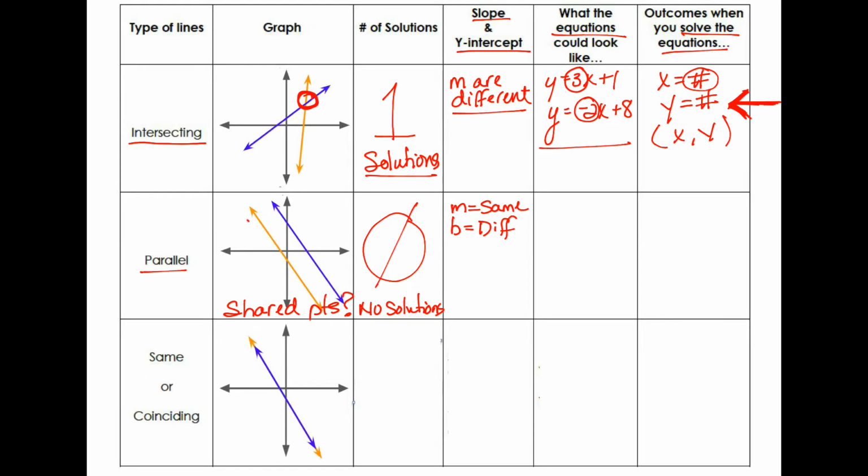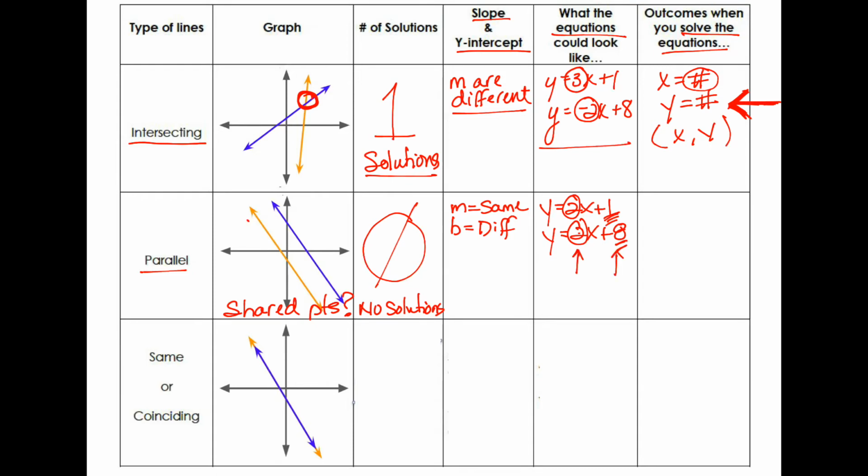So their equations are going to look like y equals 2x plus 1 or y equals 2x plus 8. Notice that we have the same slopes, but different y-intercepts. If the slopes are the same, these numbers could be anything as long as they're different.